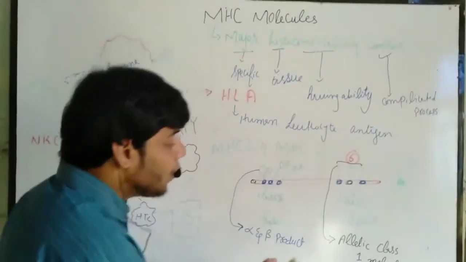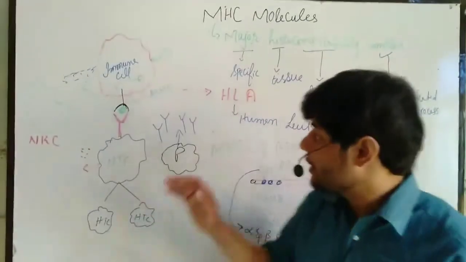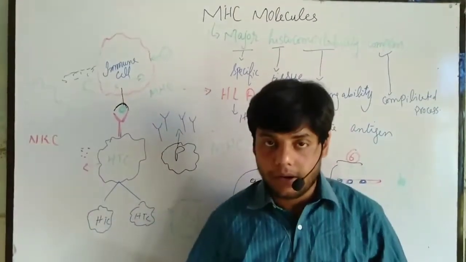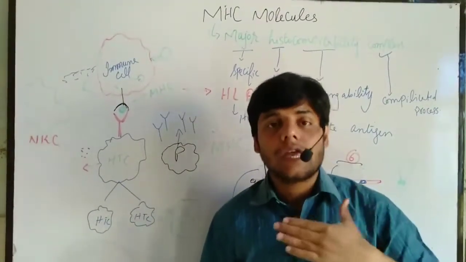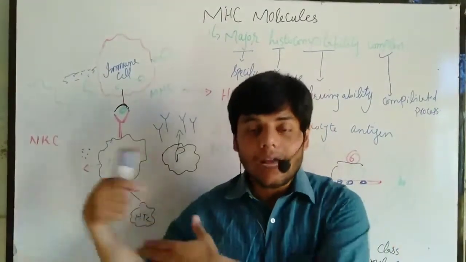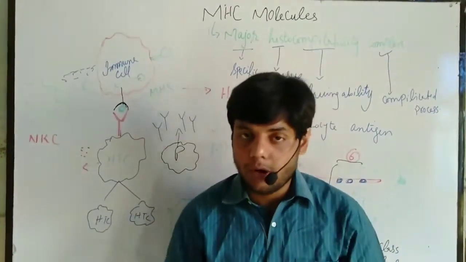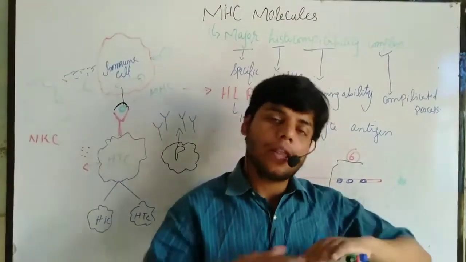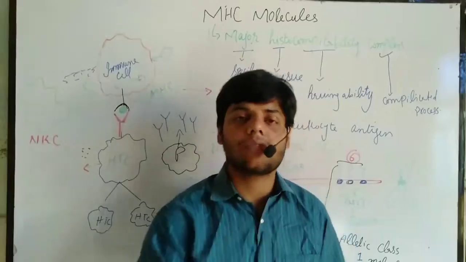Due to this, the MHC molecule is different in different people. Let's suppose in my own body there is a different MHC molecule, and in another person there is a different MHC molecule. So it doesn't mean that the MHC molecule is the same in every person. It is different in every person.